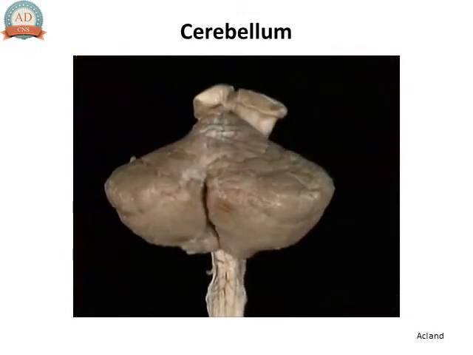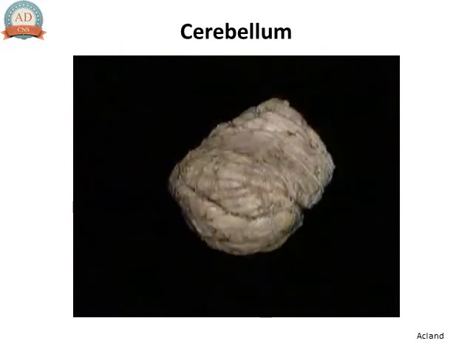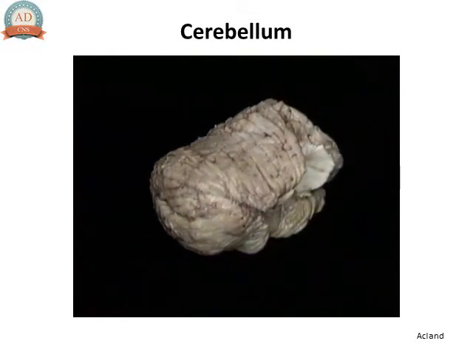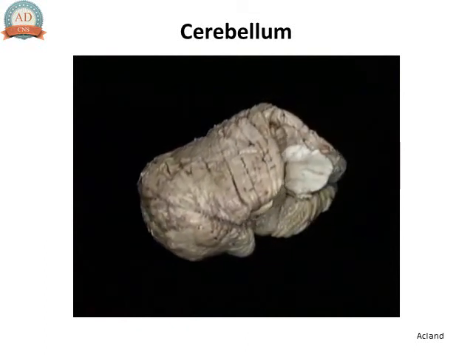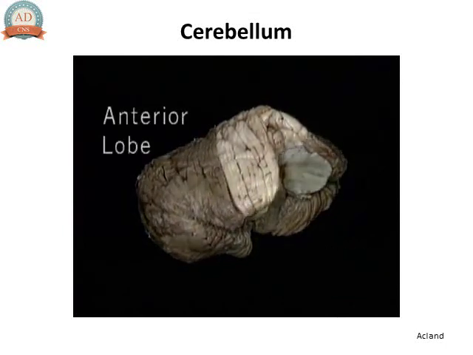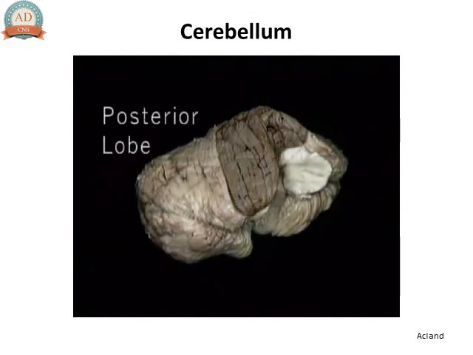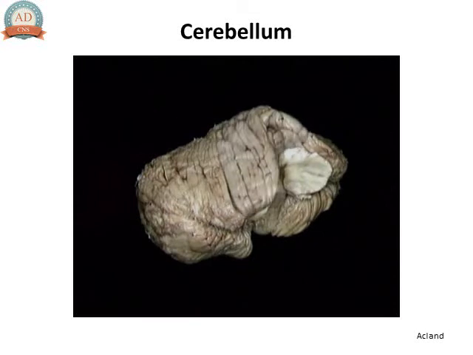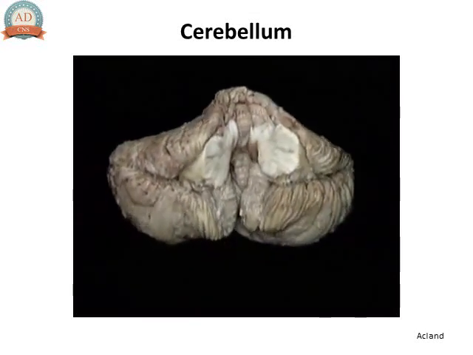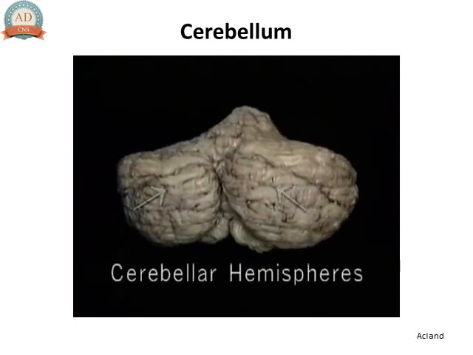To see the cerebellum better, we'll look at it by itself. The surface of the cerebellum is marked by many parallel fissures, some deeper than others. This deep primary fissure divides the cerebellum into a small anterior lobe and a large posterior lobe. A deep groove on the underside partially divides the cerebellum into two hemispheres.